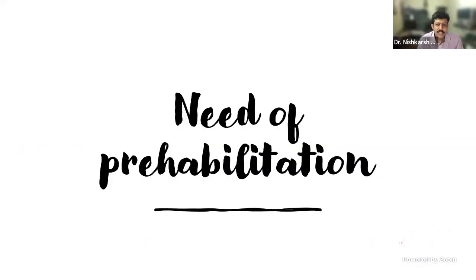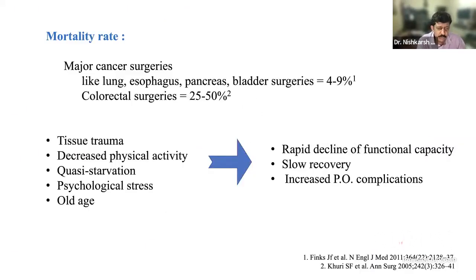So why do we basically need prehabilitation? We know that mortality rates with major cancer surgeries can be as high as up to 10%. In addition, there can be tissue trauma and decreased physical activity. There can be starvation for a period depending on the surgery. Usually nowadays we say 2 hours before we can give clear fluids, but still starvation might be there.